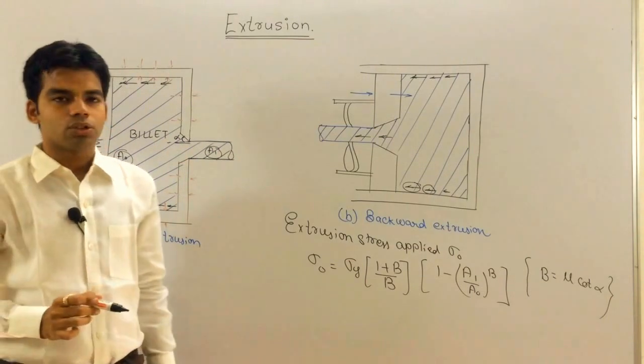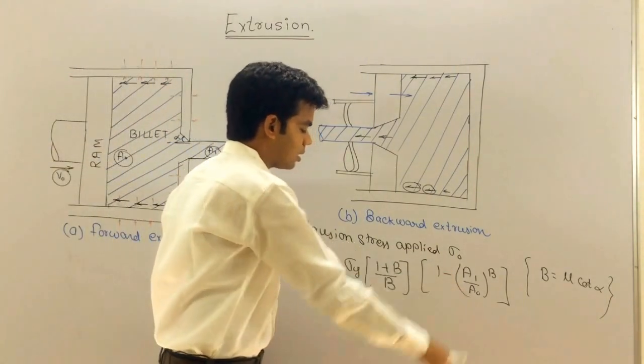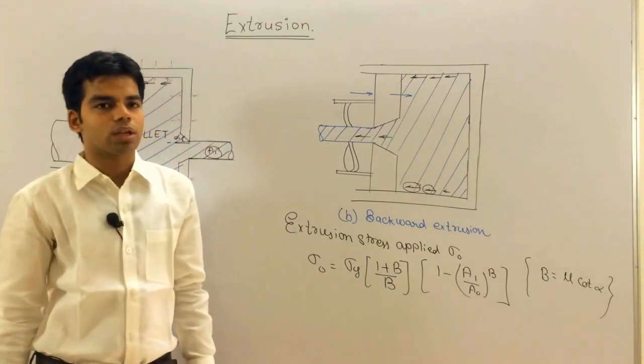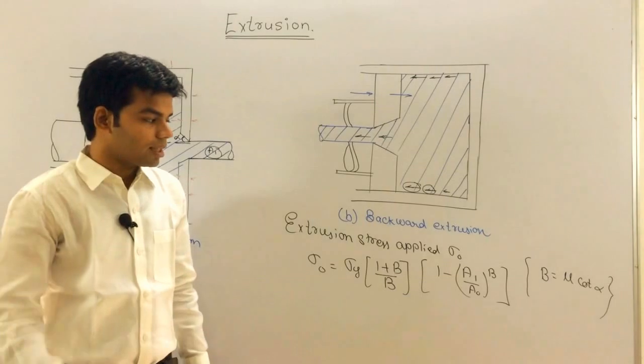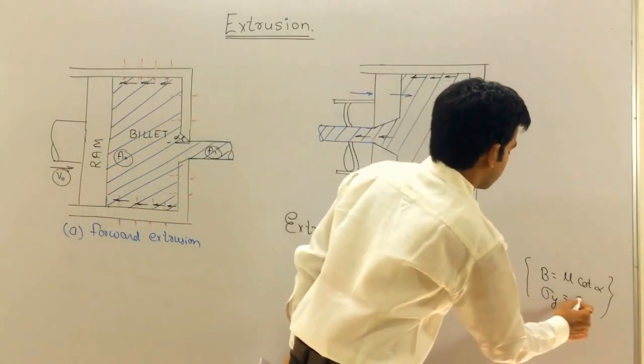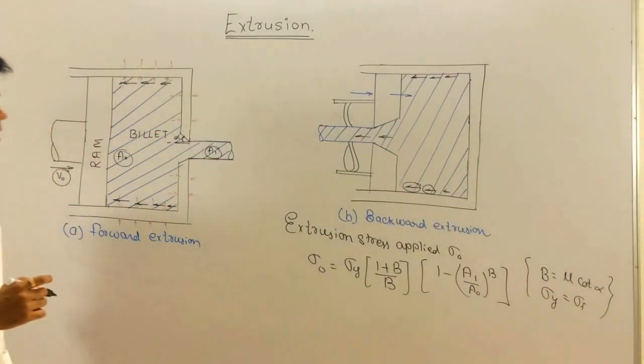So b is equal to mu cot alpha, a1 is the final cross sectional area, a naught is the initial cross sectional area, and sigma y is the yield stress, or you can call it flow stress. In case of compression, sigma y is nothing but flow stress, sigma f. Getting this? So this is the total extrusion stress applied for backward extrusion.